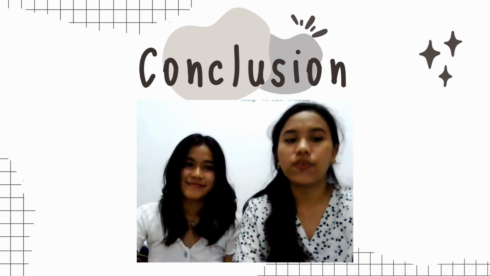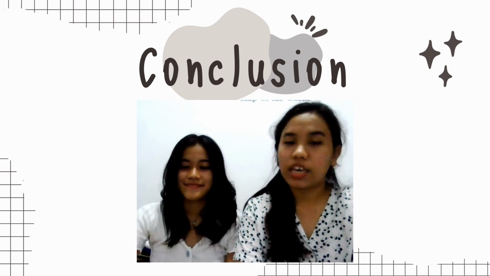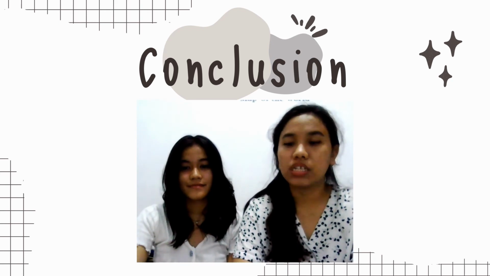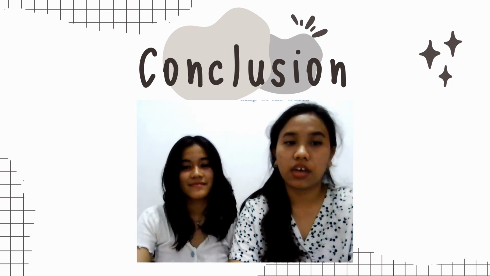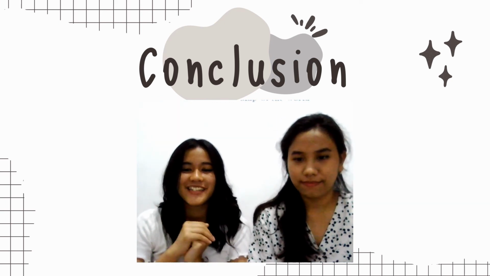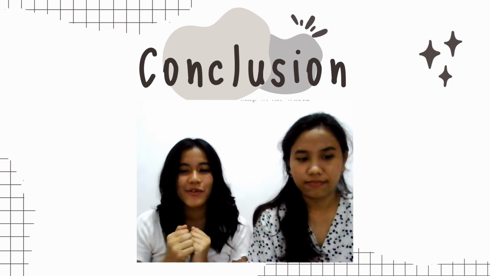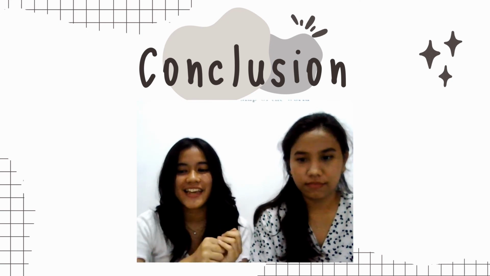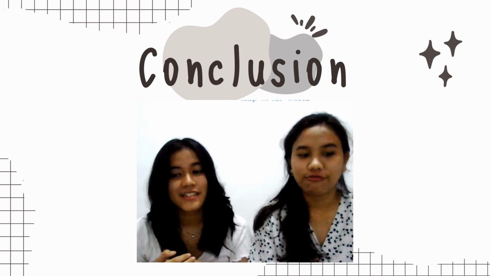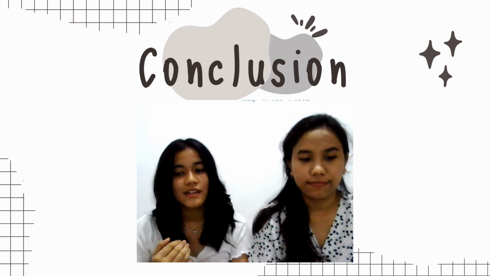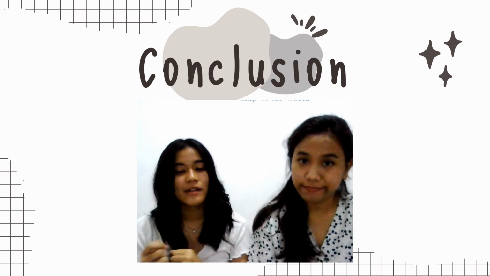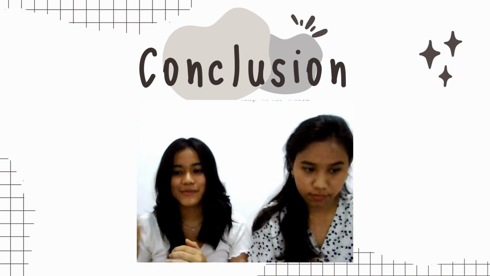Okay, great everyone. So now you can understand countable and uncountable nouns and know the differences between them. Alright, students, let us conclude what we have learned today. So far, we learned about countable and uncountable nouns, nouns that can be counted or not counted, and how we differentiate between them.